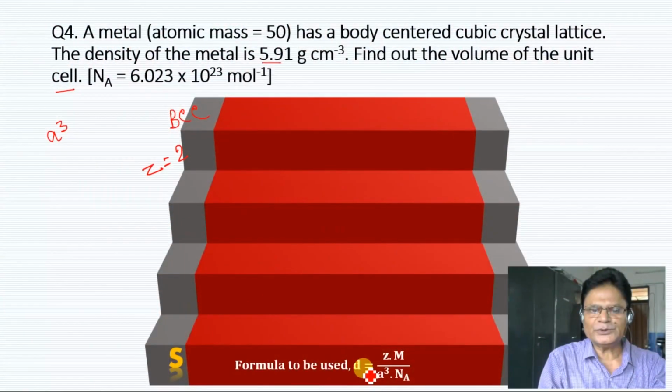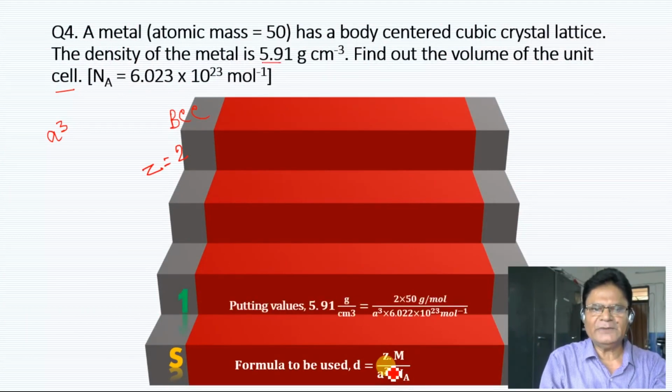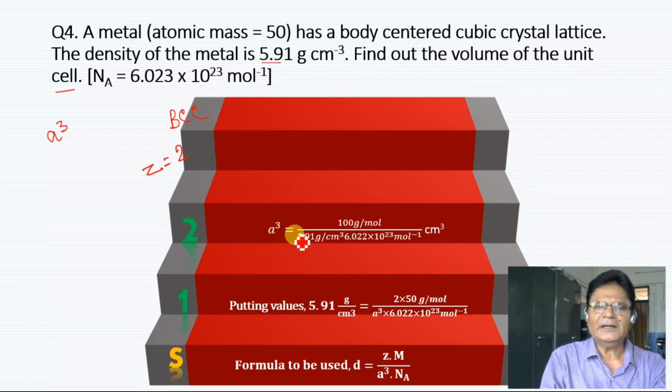So the formula to be used is D is equal to Z M by a cube Na. Put the values. Density is given 5.91. 2 into molar mass is given 50. a cube is to be calculated. Avogadro's number 6.02 into 10 power 23. So a cube is equal to 100 divided by 5.91 gram per centimeter cube, 6.022 into 10 to the power of 23 per mole, and this is gram per mole.